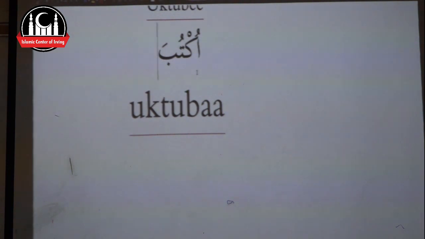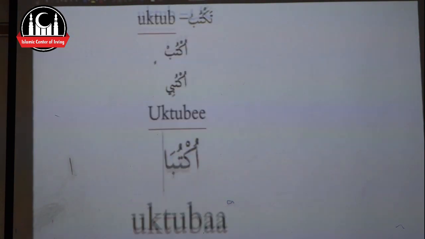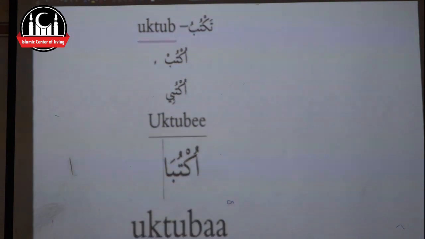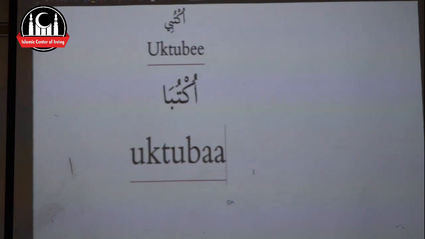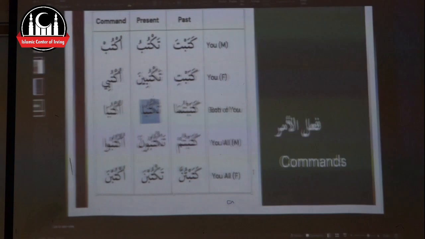It would be aktibu, right? It's too close to that, and we're trying to denote duality, so this alif doesn't disappear. They're going to keep the alif. So they don't cut it off for two people. Okay, let's look at the next one.